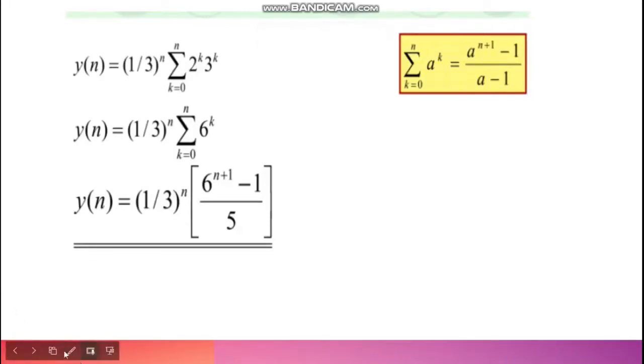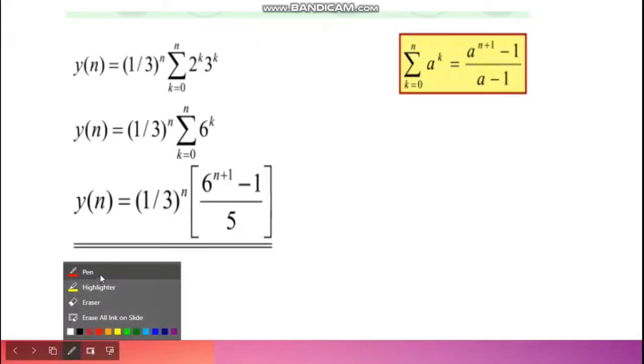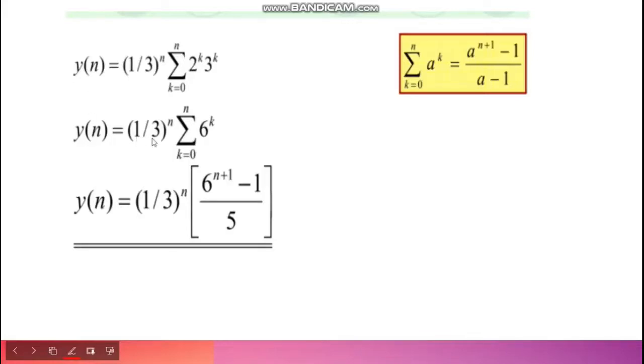So this becomes y of n is equal to (1/3)^n, sigma k is equal to 0 to n, 6^k. Now what is sigma k is equal to 0 to n, a^k? We have the formula: a^(n+1) minus 1 divided by a minus 1.